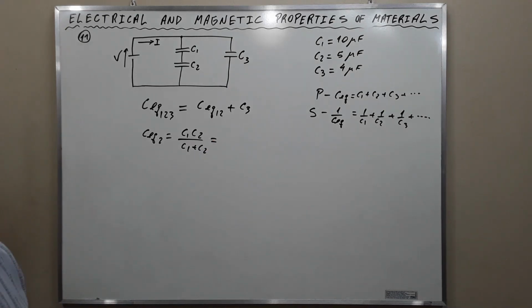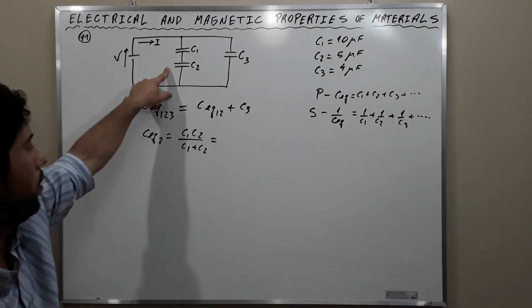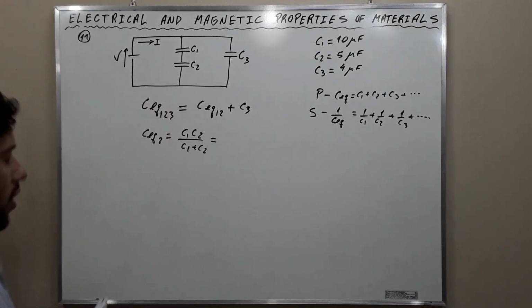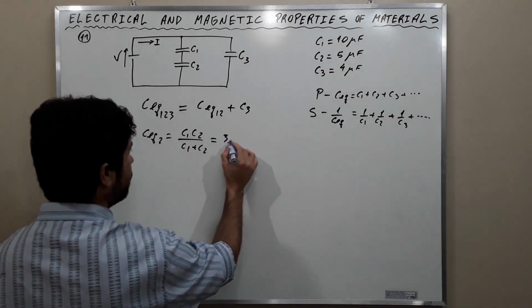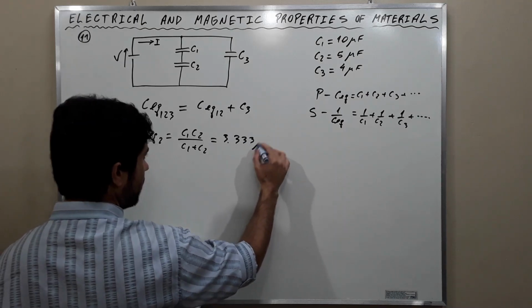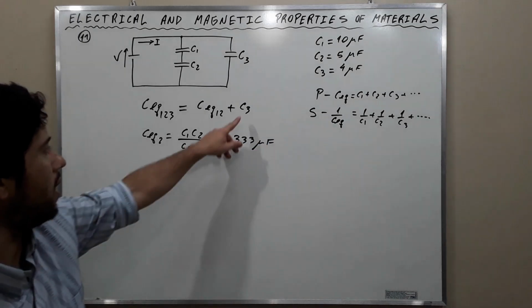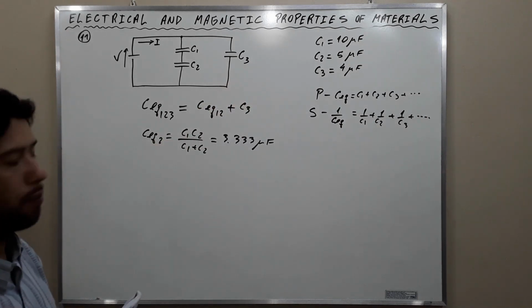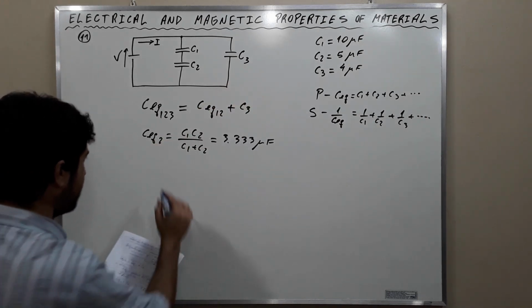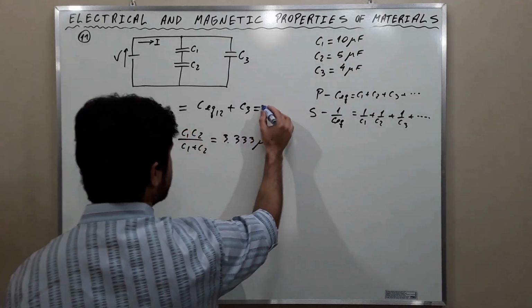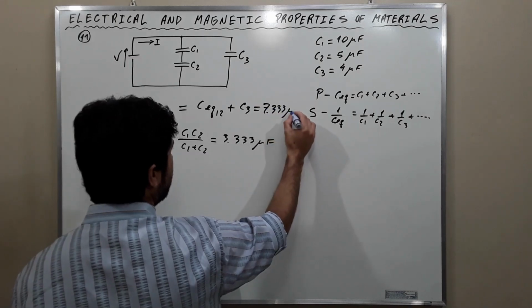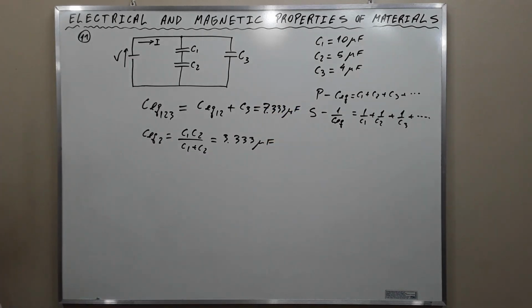When there are only 2 in series, we use the product over the sum, and using these values here, we find that it is 3.333 microfarad, and adding the capacitance in parallel, we find that C equivalent 1, 2, 3 is 7.333 microfarad, okay?